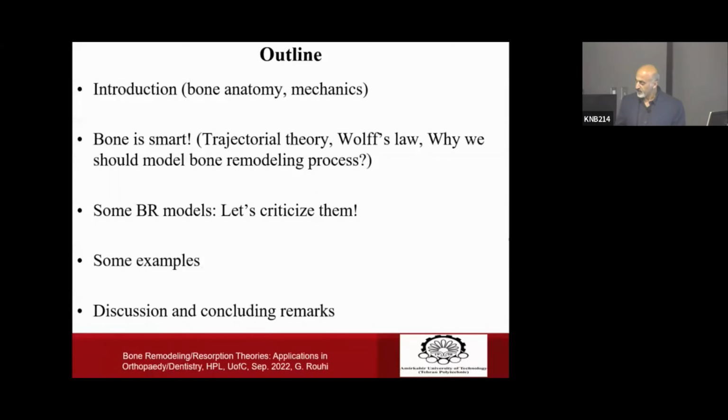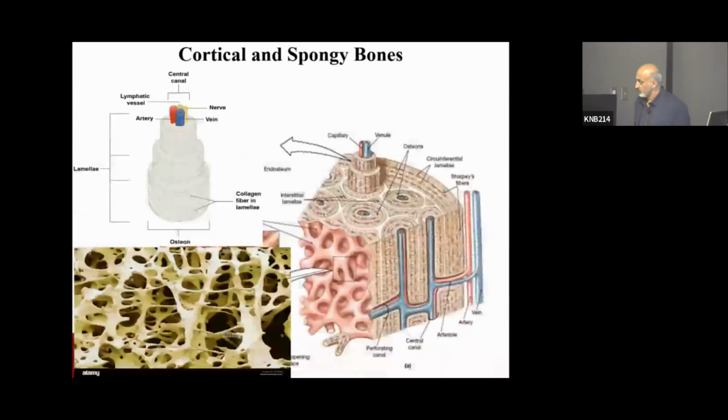At the macroscopic level, we have two types of bones in our body. The cortical bone or compact bone, which makes the outer shell of our bones, is made by a combination of hollow cylinders, so-called osteons or Haversian systems.